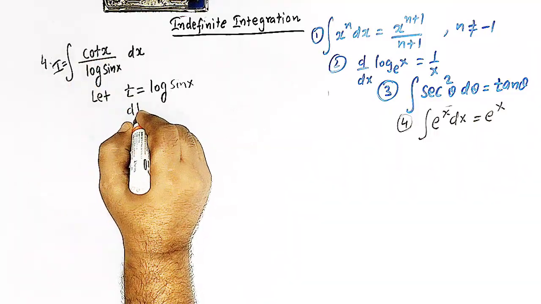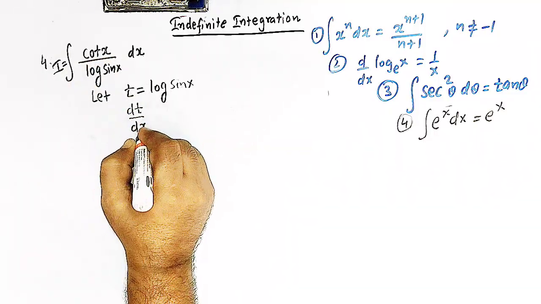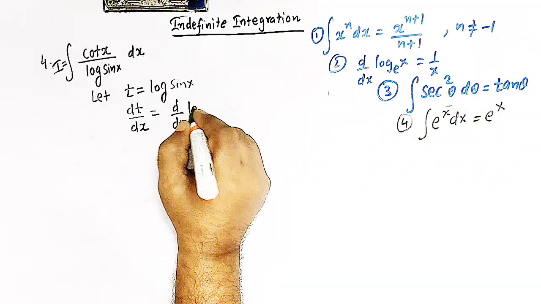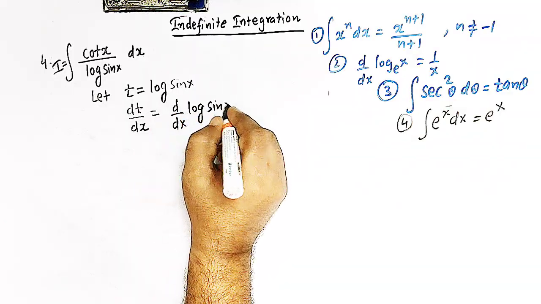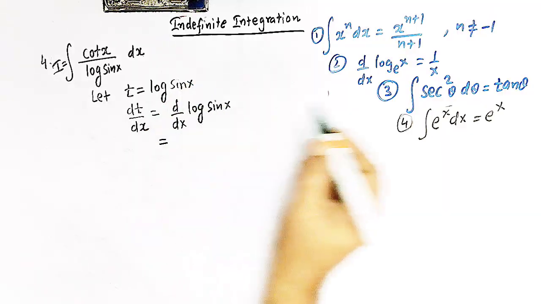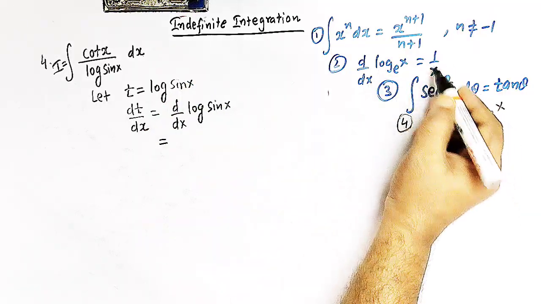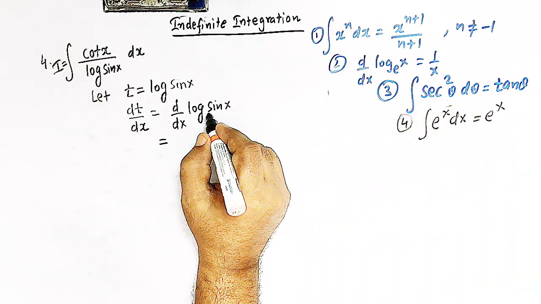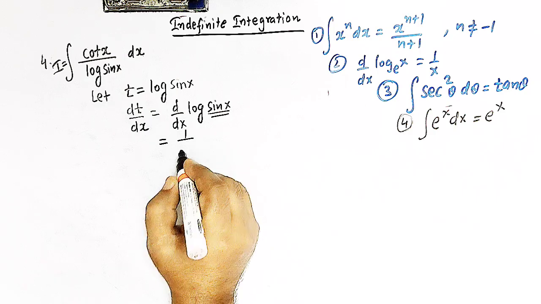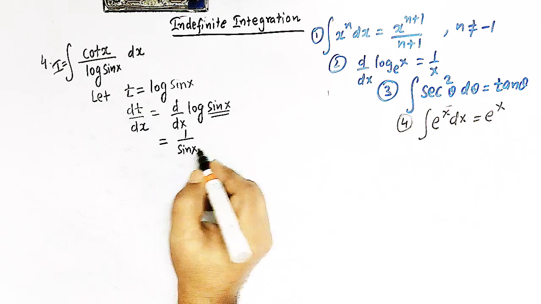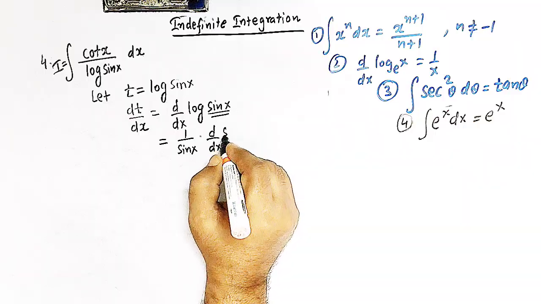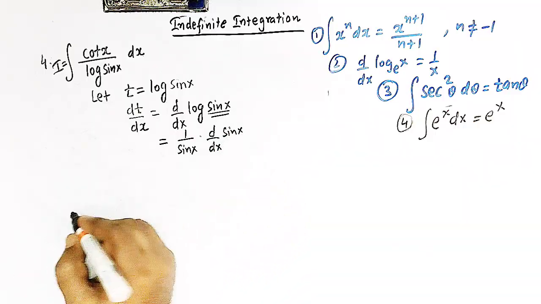So if we differentiate t with respect to x, then we have d by dx of log of sine x, right? And here the derivative of log x is 1 over x. So here first we'll take x as sine x. So we have 1 over sine x, and then by chain rule we differentiate sine x with respect to x.